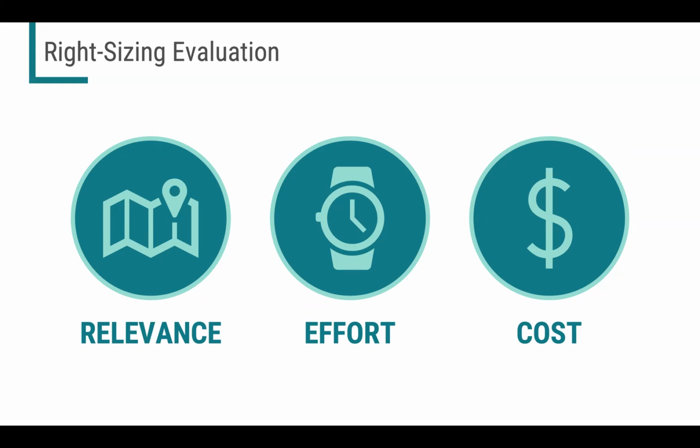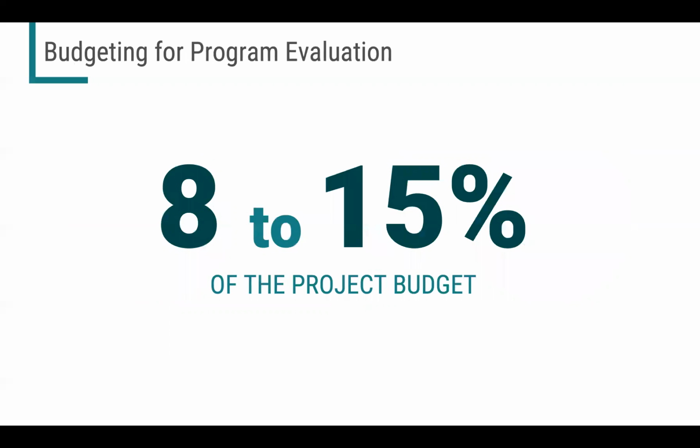And so what that means is that you can typically build an evaluation into a budget as long as it is a reasonable budget. So the question I always get is, what is a reasonable budget? So it depends. It depends who you ask. It depends on the project. It depends on a variety of things. I, on this slide, have 8 to 15%. I've seen anywhere from 5 to 20% recommended recently.